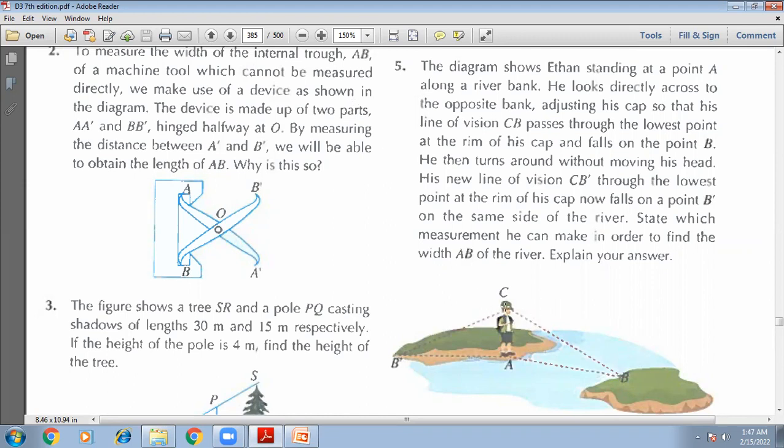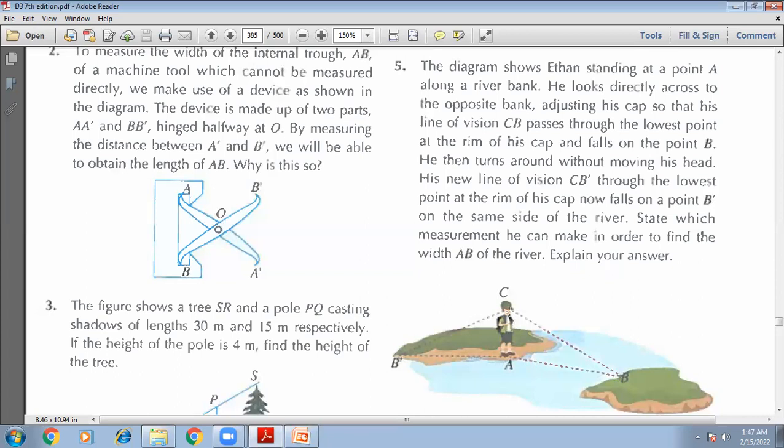This boy is wearing a cap. So he looks through his cap, and at the rim of his cap, whatever points on the ground he can see, he's actually looking at the other bank of the river. You don't know how wide this river is.